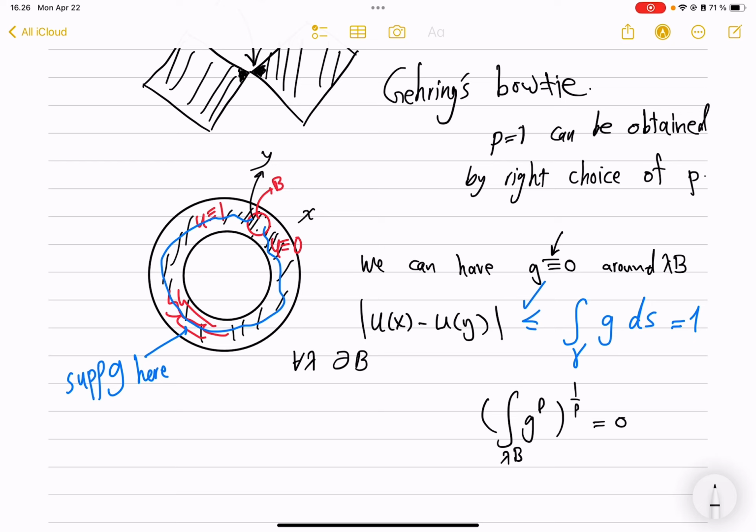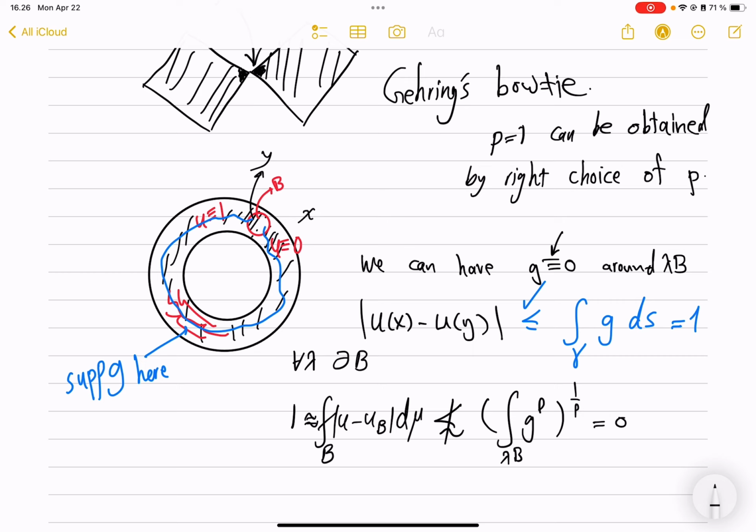And then this is not bigger than the integral average of u over that ball, which is comparable to 1 because it's 0 on one half of the ball and 1 on the other side.